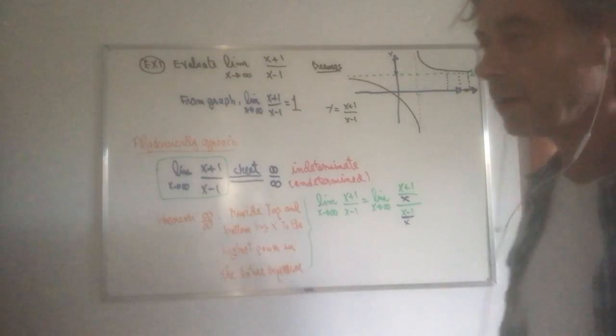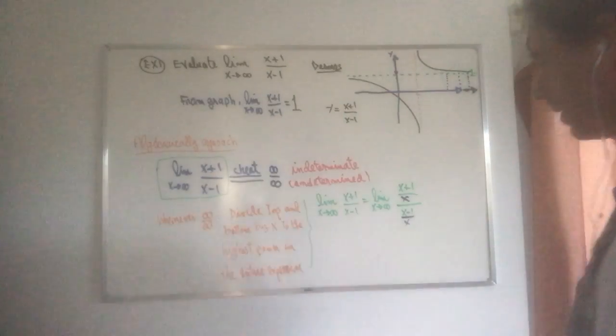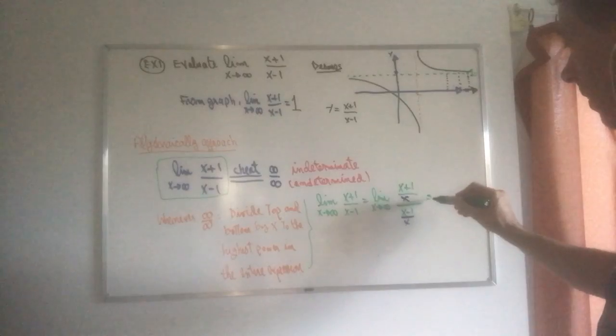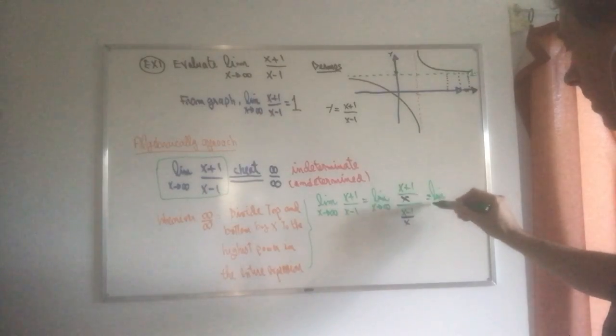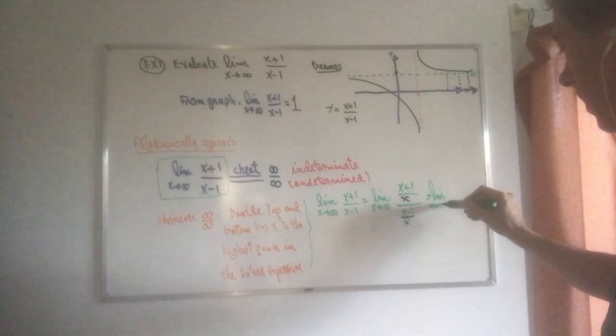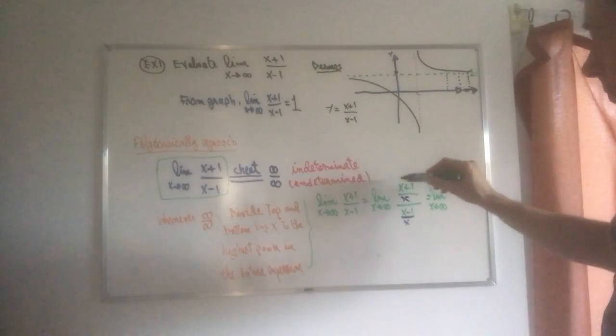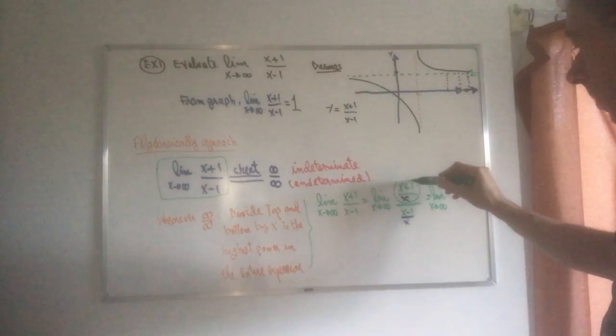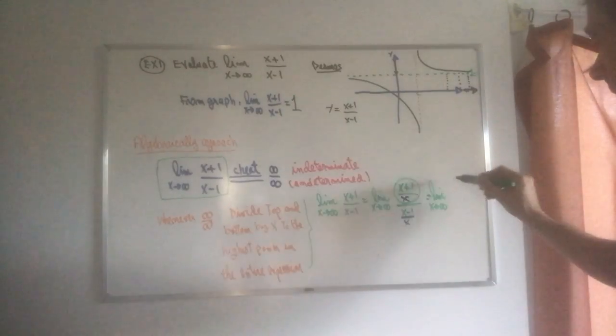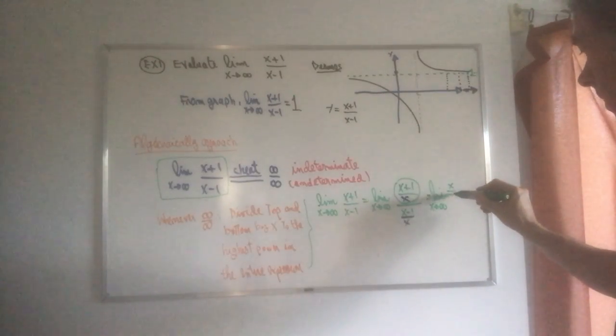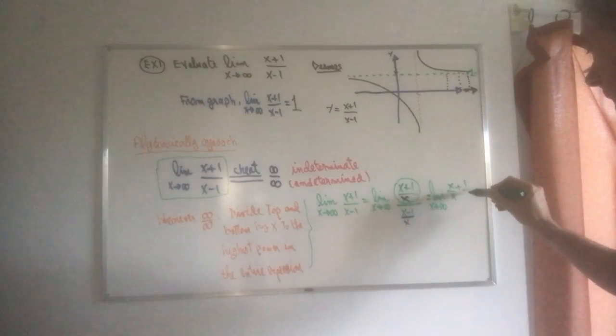Now, I'm going to do a little bit of algebra. After all, it's the algebraic method. So what is this? It's the limit as x goes to infinity of, let's break this up, x over x plus 1 over x, right?